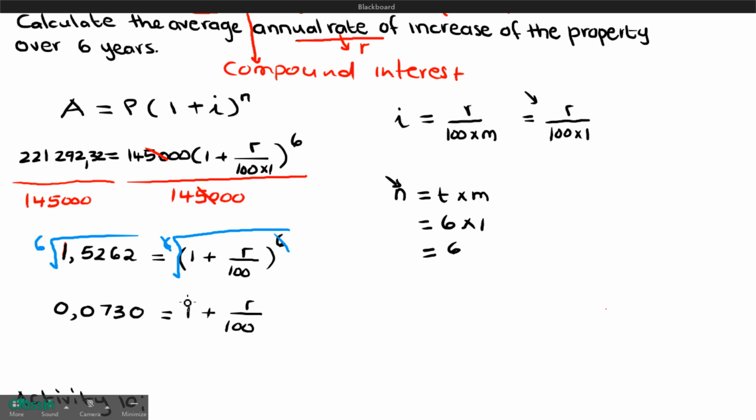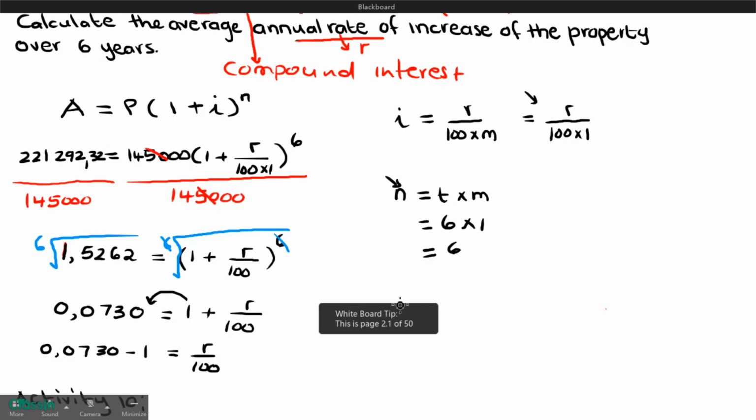Now, once we have this, we are going to take this one to the other side. Then we take 1 this side, then it becomes 0,0730 minus 1 equals to R over 100. We've reached the bottom of our screen now, but because we are towards the end, we can simply bring the part of the solution here.